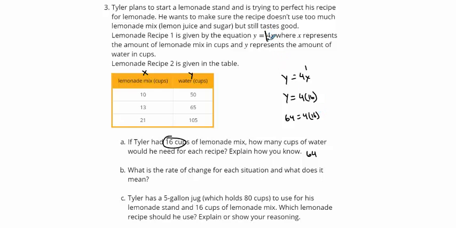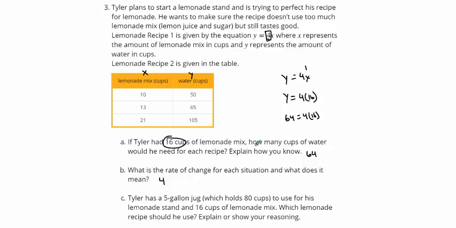So right here is our rate of change. When X is equal to 1, our rate of change is 4. But what does it mean? It means for every cup of lemonade mix, we need 4 cups of water. That's our rate of change, 4.